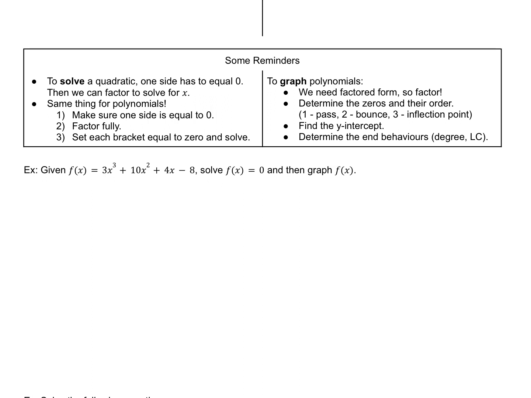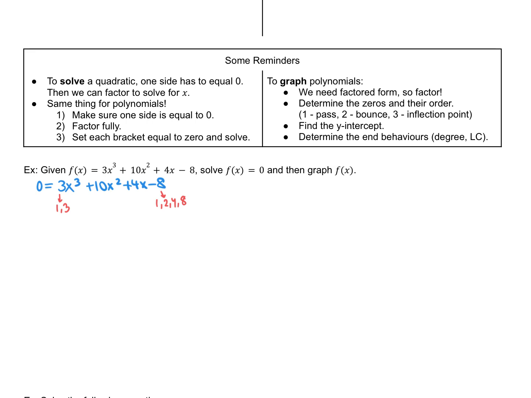All right, let's say we are doing the solving first. So I'll set my equation equal to 0, and now it's time to factor. I'll keep in mind that the factors of 3 are 1 and 3, and the factors of 8 are 1, 2, 4, 8.